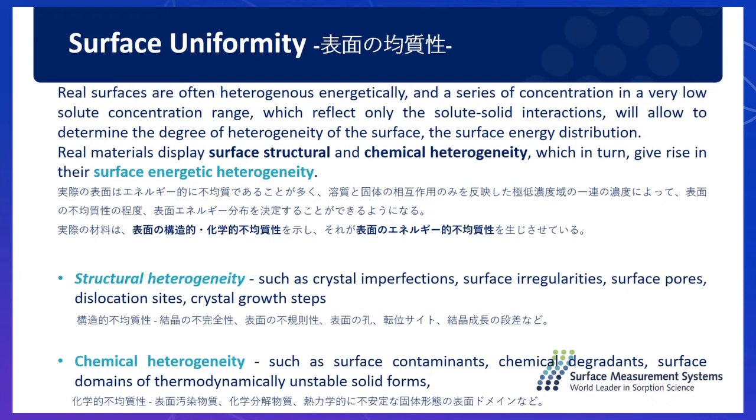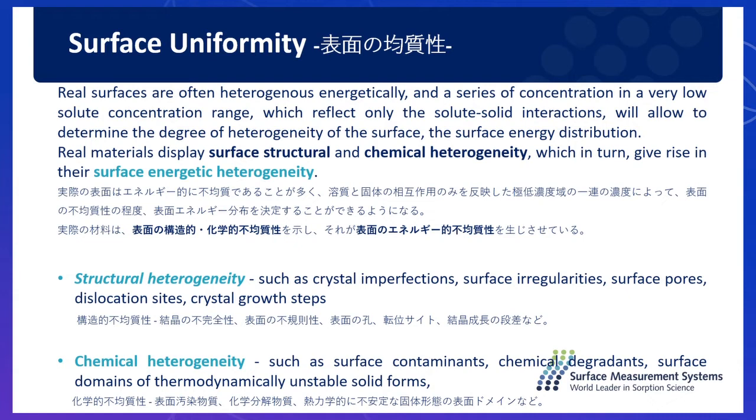Because every surface is energetically heterogeneous. Real surfaces are often heterogeneous energetically. Besides the distribution of the different functional groups on the surface, there are defects, impurities, and there can be pores, and other reasons for surface energy heterogeneity.